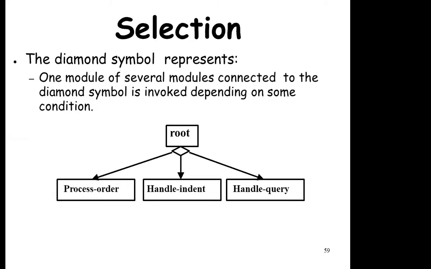Very important thing. See what is this diamond here. If different modules are connected with a diamond box in between, this diamond box shows the selection: from these, either this will be selected or this will be selected. Suppose there is some order from the chairman. We have to see whether this order is for office members, teachers, students, or the principal.